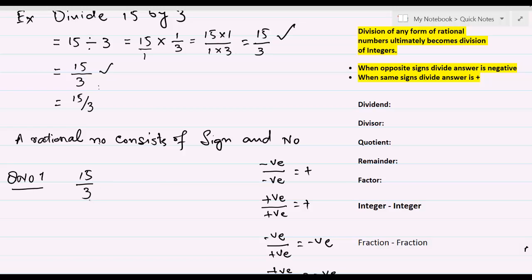Actually, we have to read the table of 3 until it reaches 15, if that is the exact number that comes in the table of 3. We can't go over. So 3 one time is 3 and 3 5 times is 15. So there we go. We now have 5 over 1, and since we don't write 1 in the fraction form if 1 is the only denominator, we only write 5 as the answer.